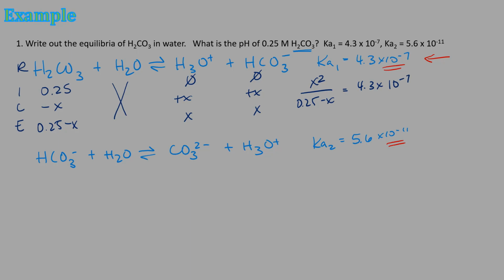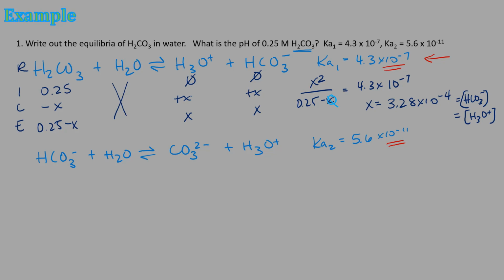This x is negligible like usual. If I solve for x, I end up getting that x is equal to 3.28 times 10 to the negative 4th. That is my hydrogen carbonate, and it's also hydronium from the first dissociation.